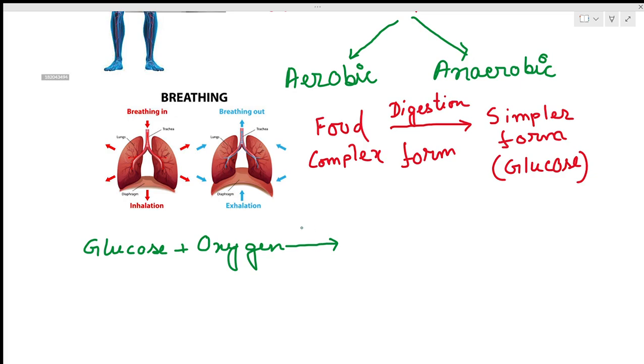It burns and it generates energy, through which all living beings are able to do their different types of tasks.